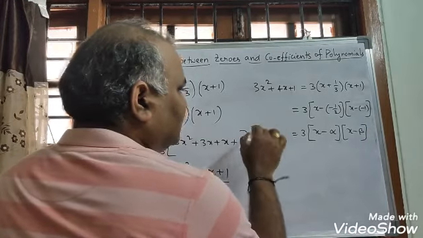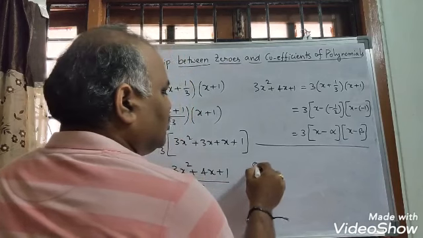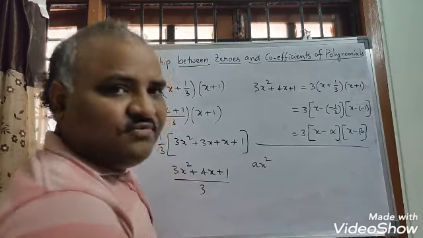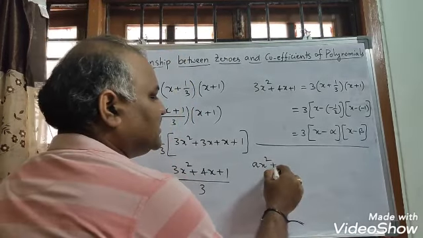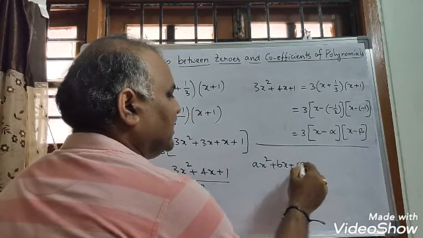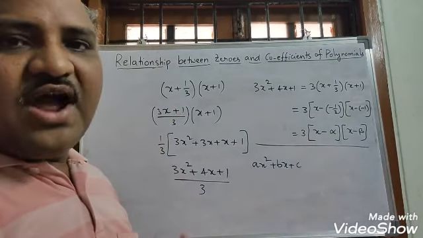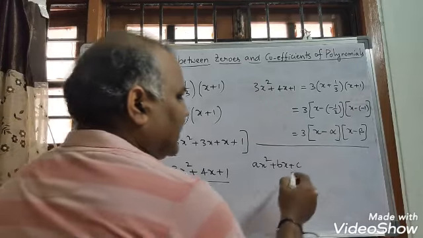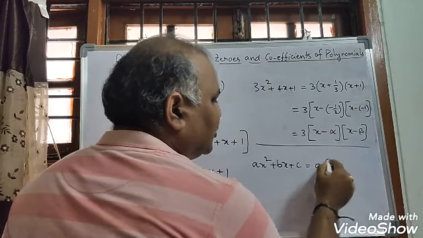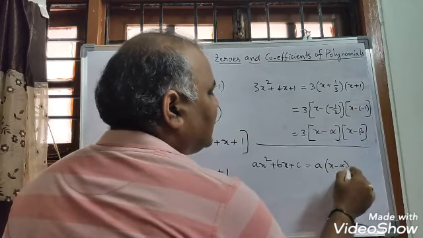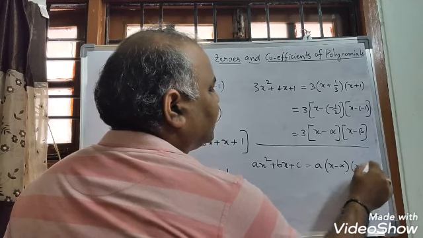So if we consider a general polynomial, that means a general form of a polynomial ax square plus bx plus c with zeros alpha and beta, we can express this as a into x minus alpha into x minus beta.